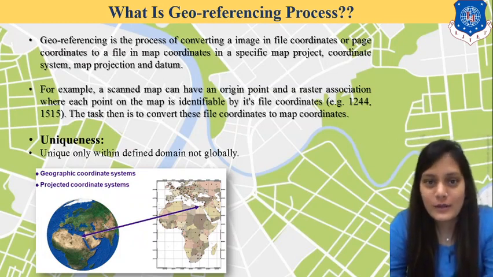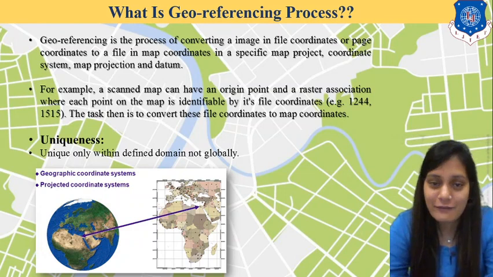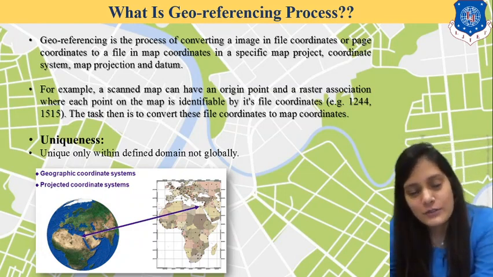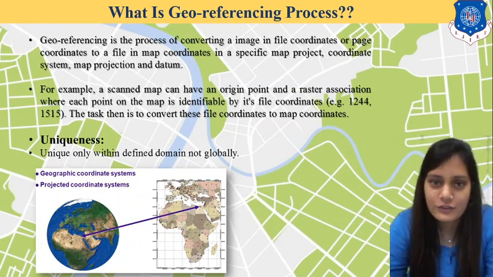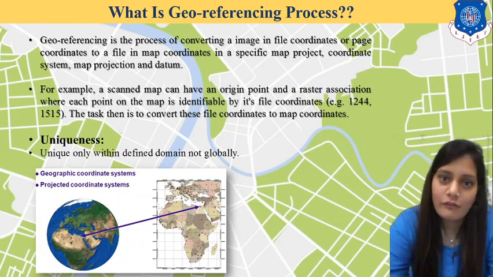I take those points and georeference that image, and only afterwards can I use that image for solving any kind of problem. So this is a very basic process done in GIS, georeferencing of data.